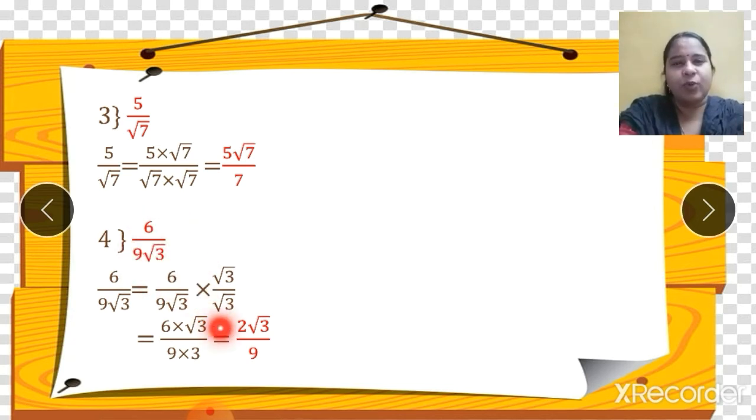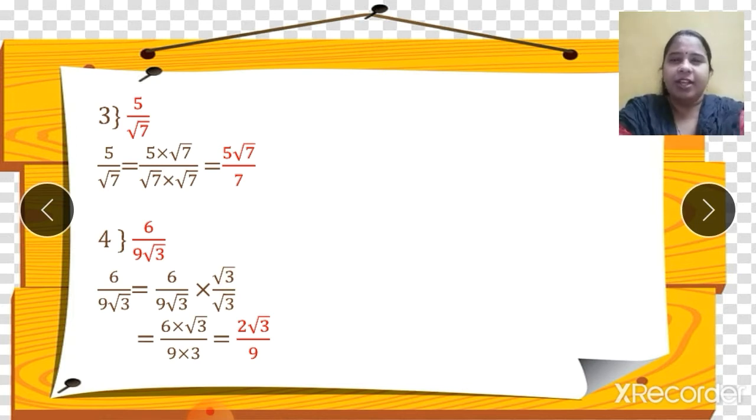So I am going to multiply the denominator only by root 3, and the numerator also by root 3. I hope you are understanding this. Why am I not multiplying by 9 root 3? Because 9 is itself a rational number. Get rid of only this root 3. That can be done when we multiply both numerator and denominator by root 3.